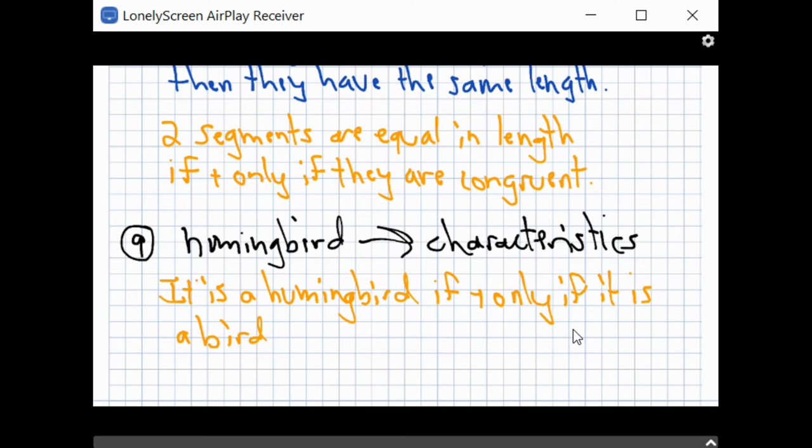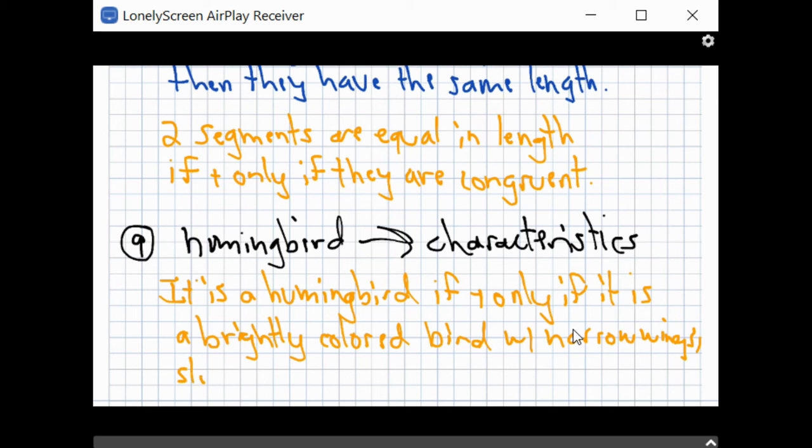It is a brightly colored bird with, and all the rest, narrow wings. So you can have a really long hypothesis.